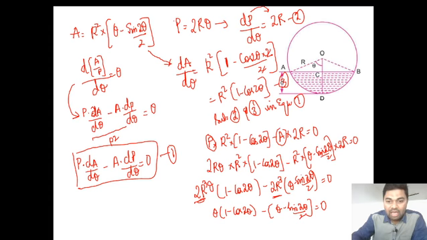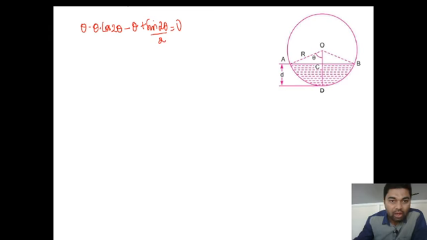We just need to open these brackets. The θ plus θ and minus θ get cancelled, so θ cos 2θ is equal to sin 2θ by 2.